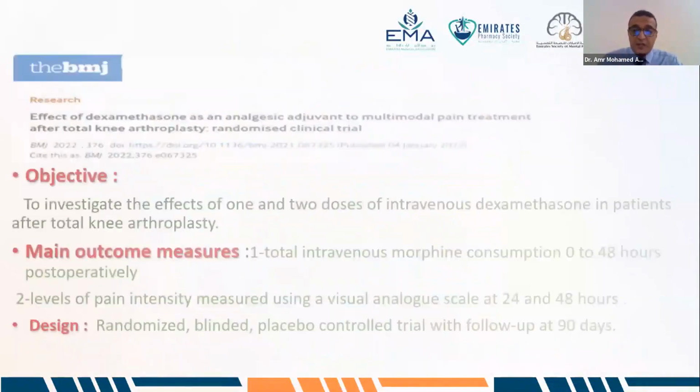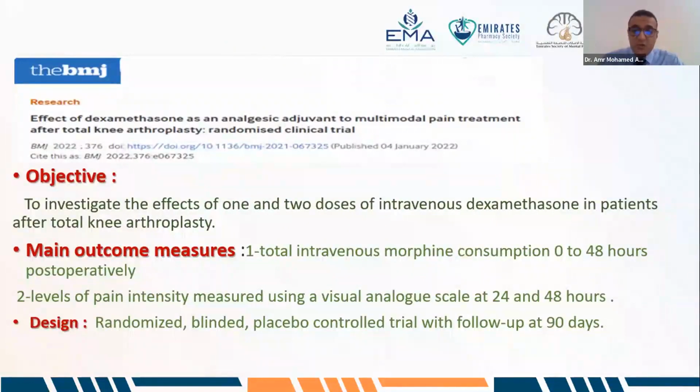We will find another review that supports corticosteroids used as adjuvant analgesics. BMJ published research showing the effect of dexamethasone as an analgesic adjuvant to multimodal pain treatment after total knee arthroplasty. This was a randomized clinical trial.